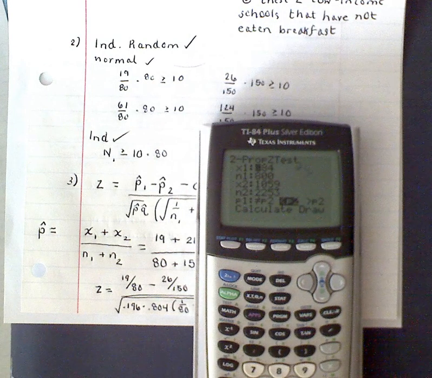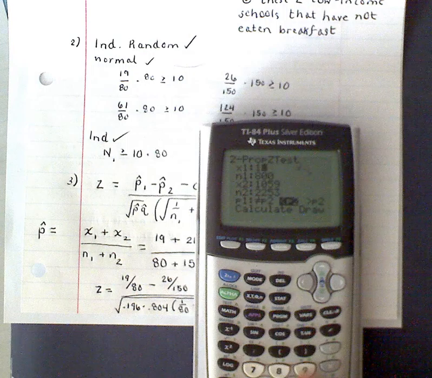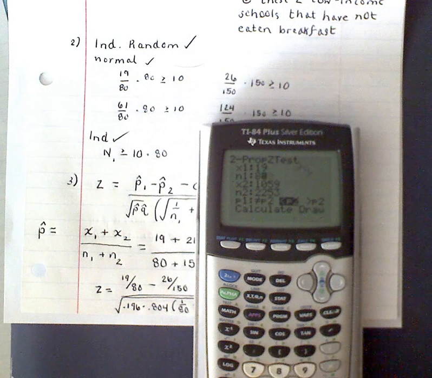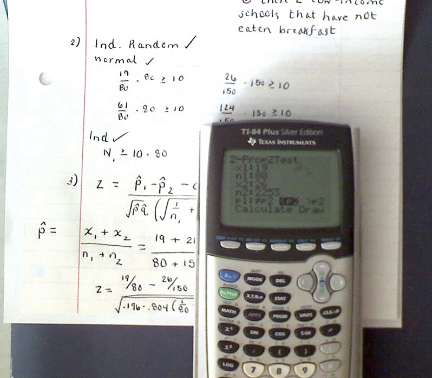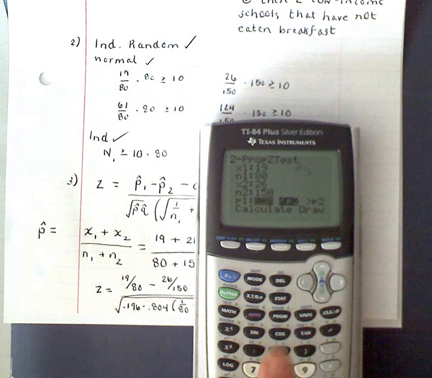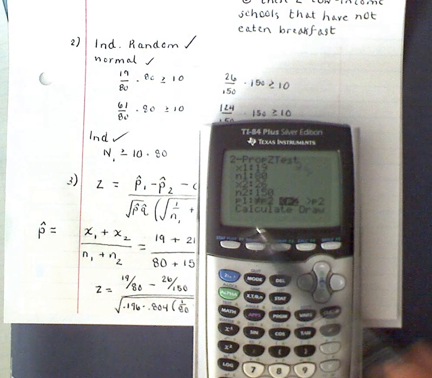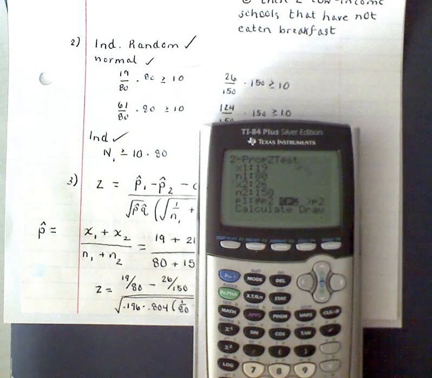X1, how many in my first school did not eat breakfast? 19. N1, there were 80 selected. X2, the number in my second school that had not eaten breakfast was 26. N2, 150. Did I say that P1 is not equal to P2? I did. So I'm going to hit enter there.